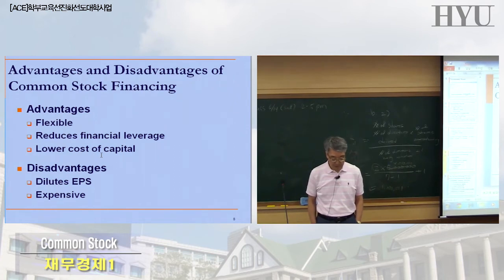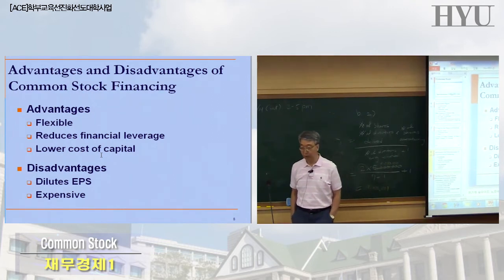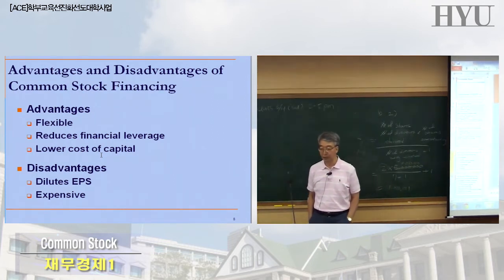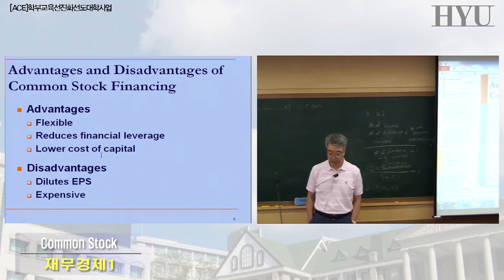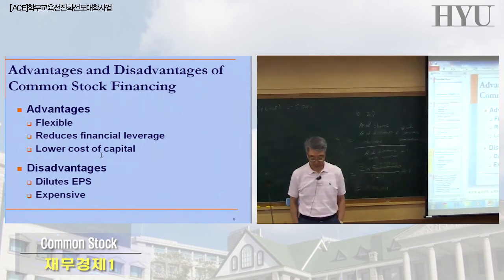Reduced financial leverage. Again, leverage simply means debt, right? Since you have raised capital by selling your ownership, you didn't have to increase your debt, right? So that relieves you from the burden of debt service cost, in other words, interest payments.